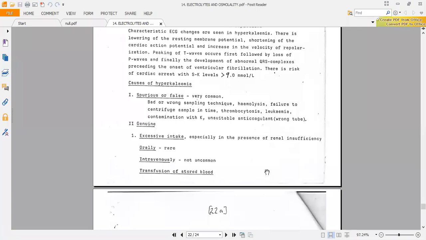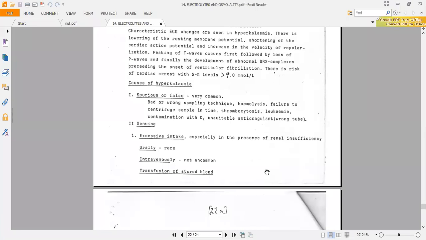The second thing is, for example, in the treatment of hypokalemia, I said you give the person potassium chloride. If you give the person excessive potassium chloride, then you can get hyperkalemia. Okay. Third, I'm sure you've done hematology.